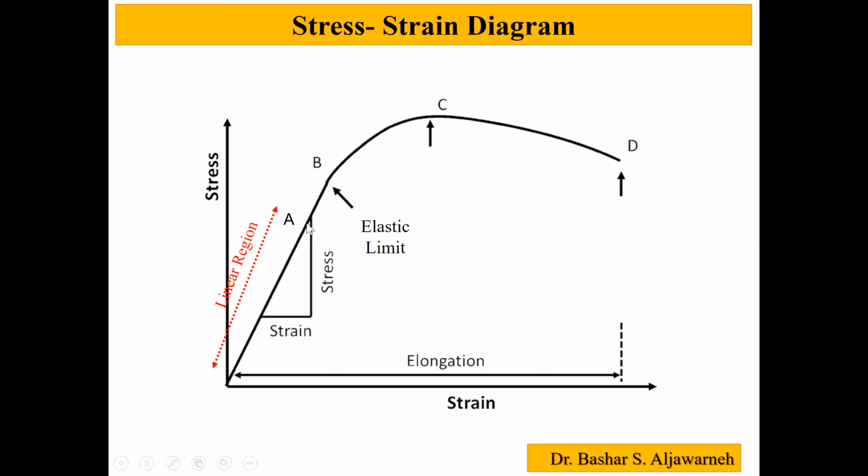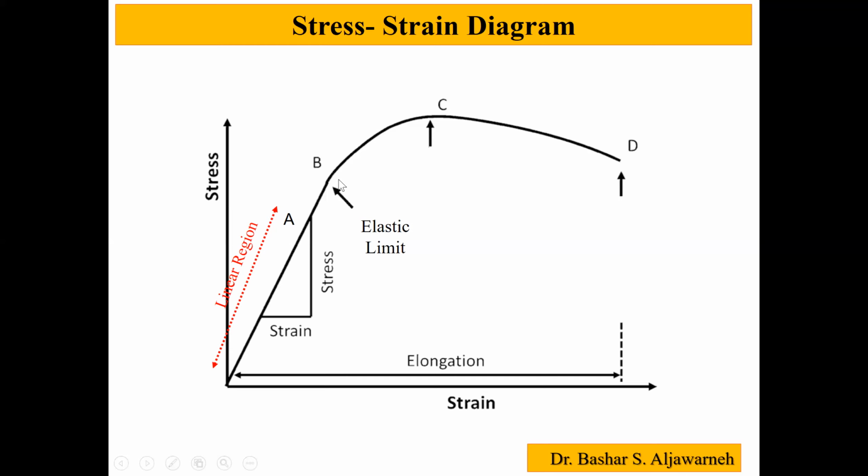In this region, from A up to point B, if we apply a certain force on our object, and this object stretched due to this force by an amount of delta L, now, if the applied force is removed, the object then will return to its original dimension. That's why we call this elastic.